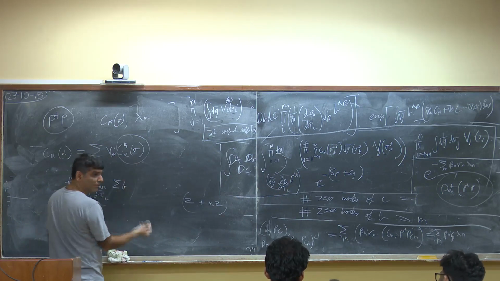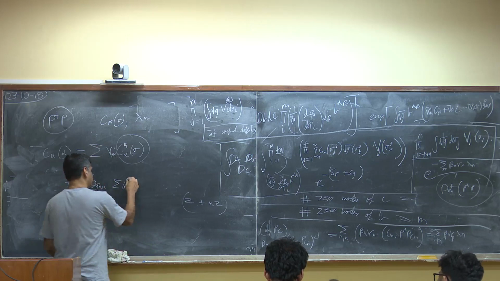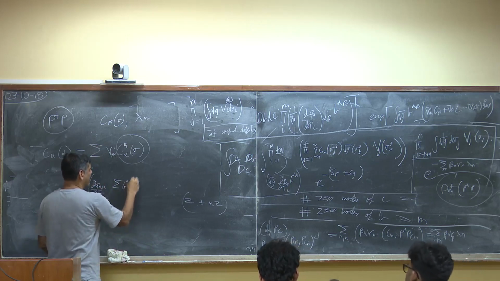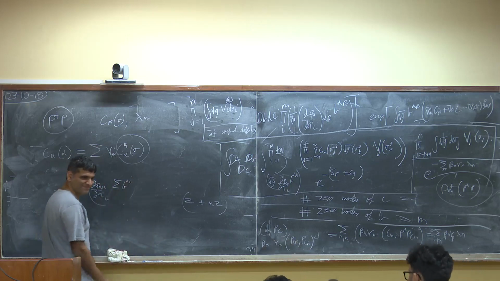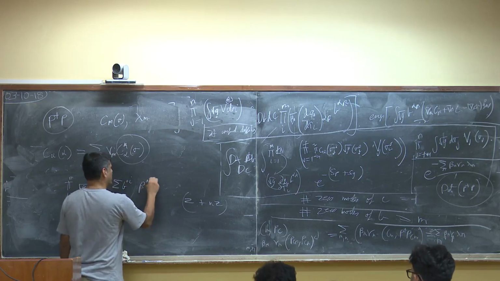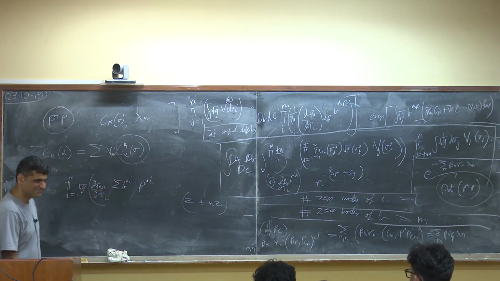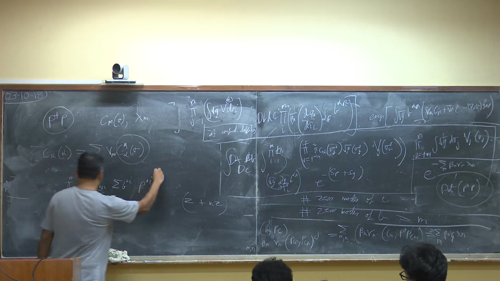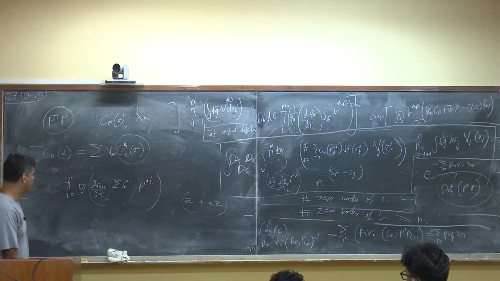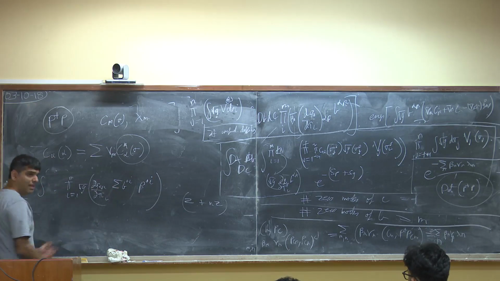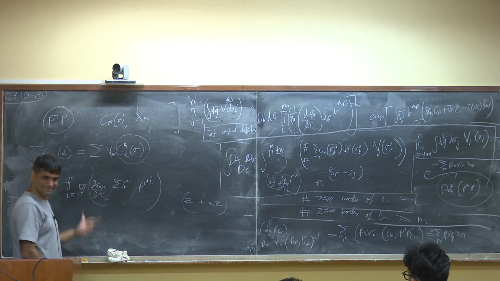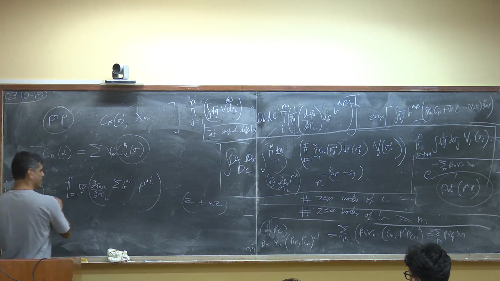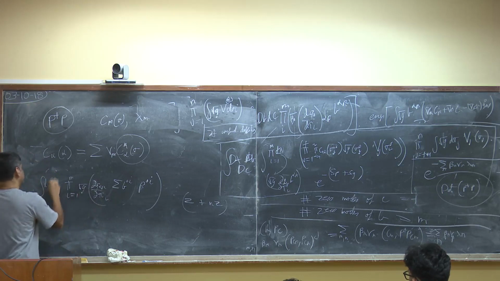So let the sum over zero modes be beta 0I. Now we have to do the integral only over the zero modes for this part. So integral d beta 0I.